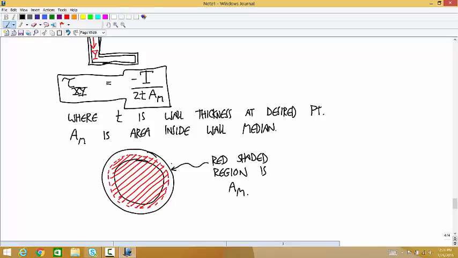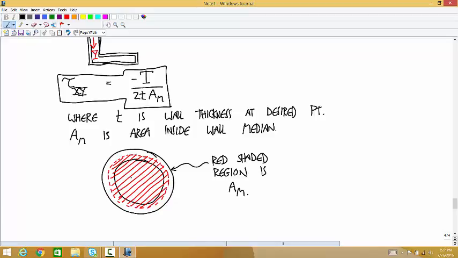One thing that's probably worth keeping in mind is we're talking about thin-walled tubes, usually thin enough that the area inside the outer wall isn't too much different from the area inside the inner wall, or from the area inside the median of the wall. So as a quick approximation, just take the area inside the whole thing.